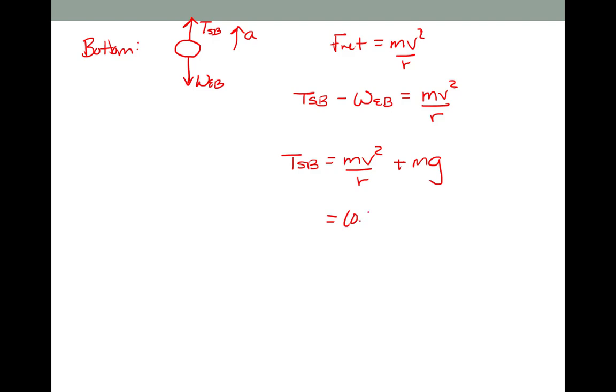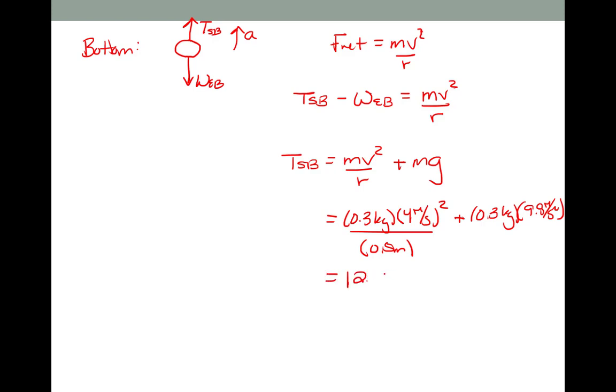Plugging in the same numbers from before, 0.3 kilograms, 4 meters per second squared, 0.5 meters, plus 0.3 kilograms times 9.8 meters per second squared. And here you get 12.5 newtons.